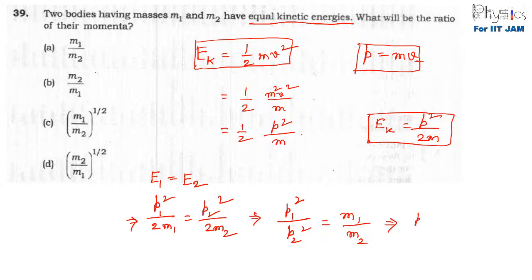That means P1 by P2 equal M1 by M2 to the power half, right? Root over M1 by M2.